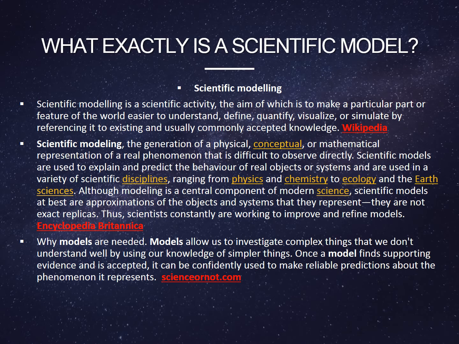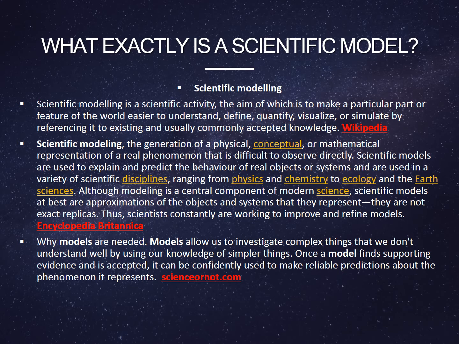Another one, scientific modeling, the generation of a physical, conceptual, or mathematical representation of real phenomenon that is difficult to observe directly. Scientific models are used to explain and predict the behavior of real objects or systems and are used in a variety of scientific disciplines ranging from physics and chemistry to ecology and even earth sciences.